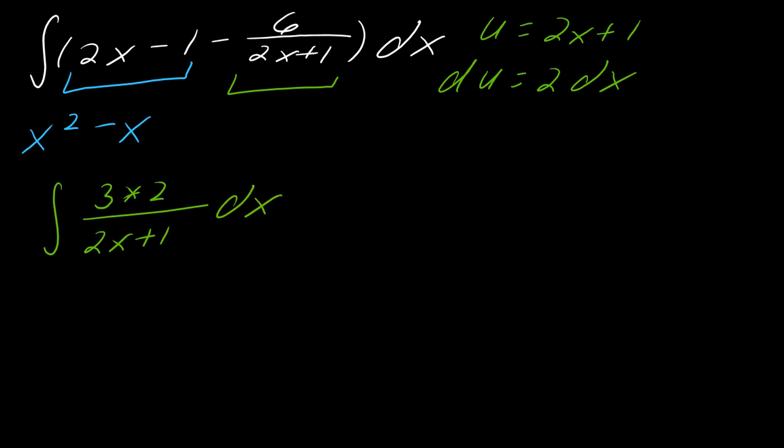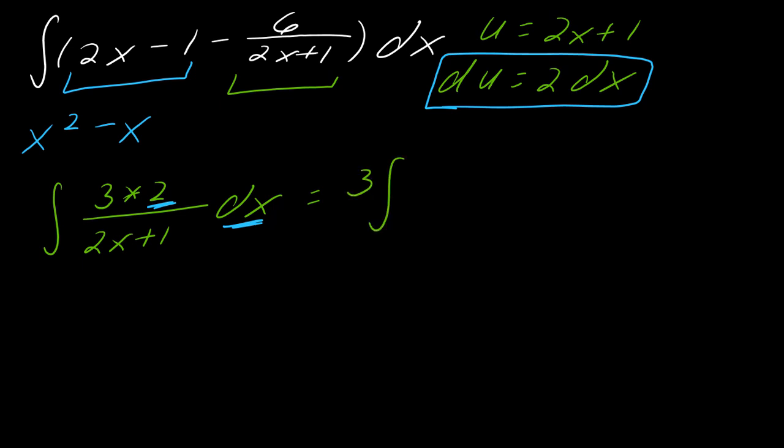I bring that up because this 2 and this dx can all go for my du, right? So I can break up that 6 strategically, and then of course the u will go for the denominator. So I'm going to take that remaining 3 and toss it out in front for a moment. So this becomes du over u, so this is 3 times the natural log of 2x plus 1 when all is said and done.